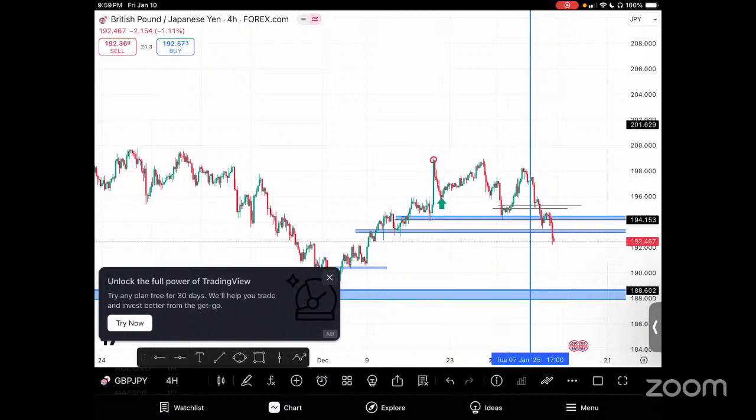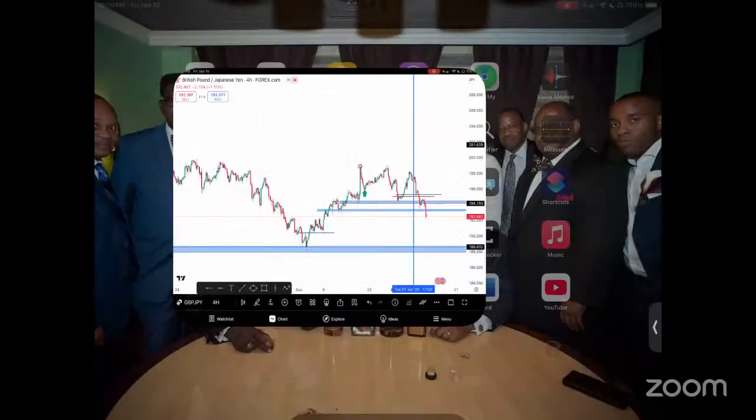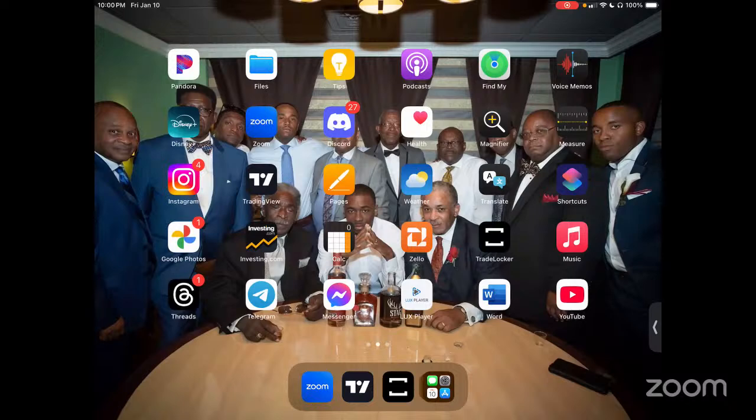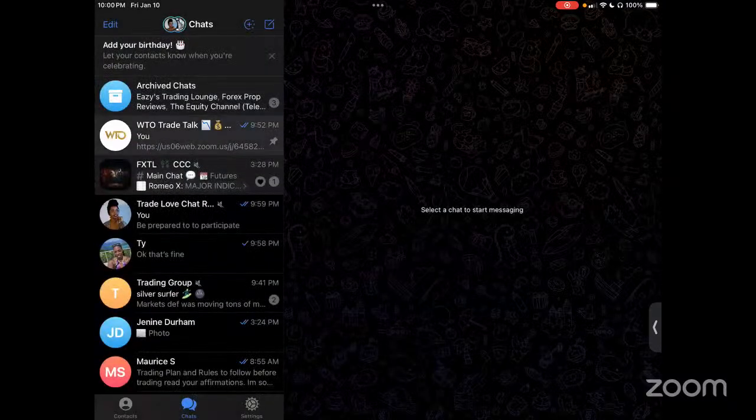Let's get started. So we're talking about market structure, right? Many of you want to know what market structure is. Well, market structure is just a framework of the market. So I have a resource for you guys. And if you're taking notes, I want you to go to this resource. Let me get it pulled up really quick.